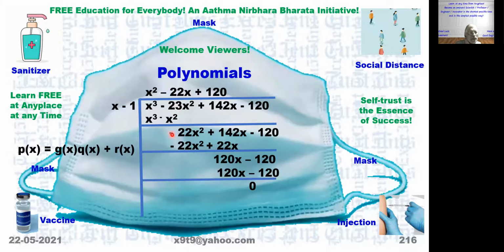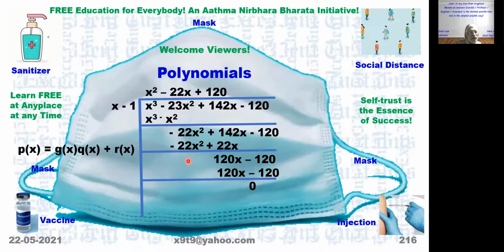When I subtract, it becomes minus 22x square plus 142x minus 120. Now, to get minus 22x square, since there is x here, we have to multiply by minus 22x. So minus 22x into x will give minus 22x square, plus minus 22x into 1 will give plus 22x.